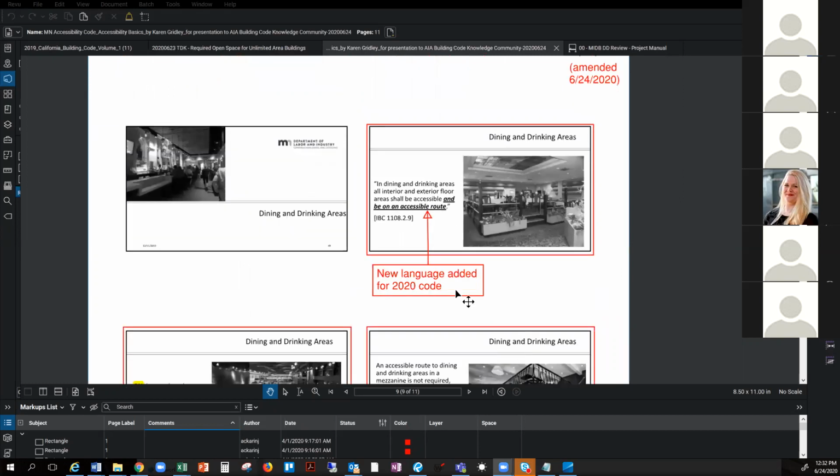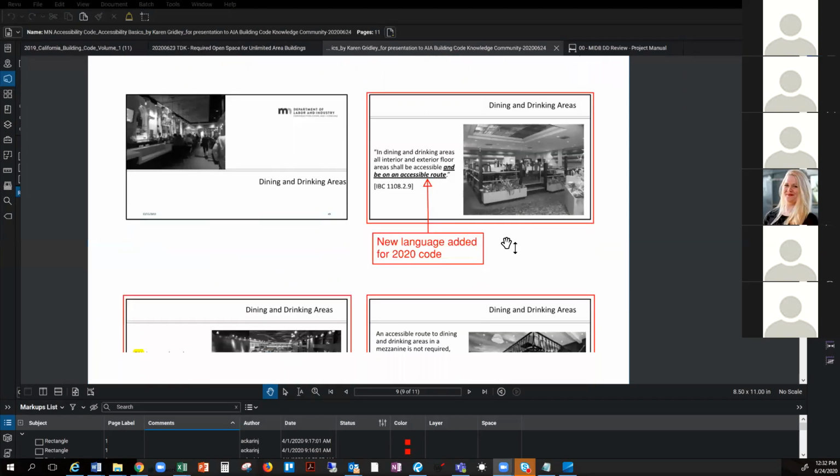So there's some new language in the accessible route for drinking and dining establishments. Just make a note of that on 1108.2.9.